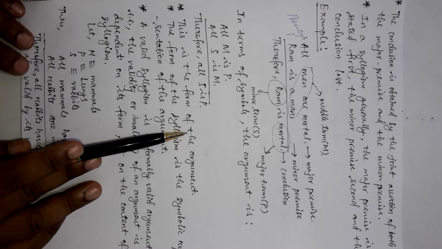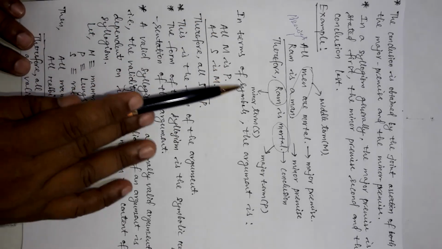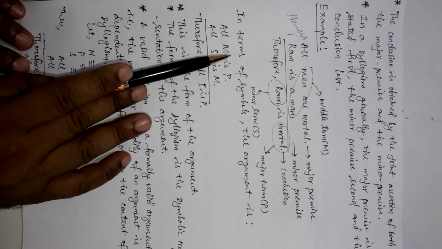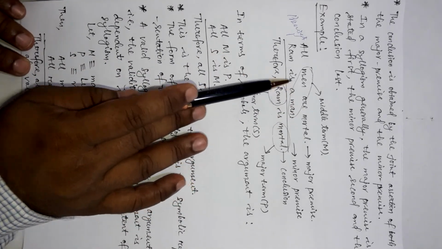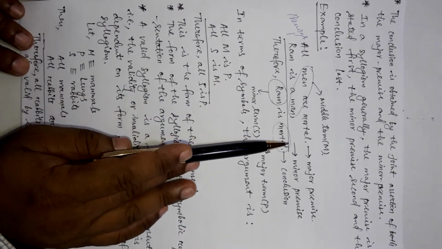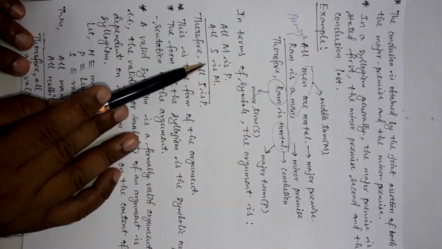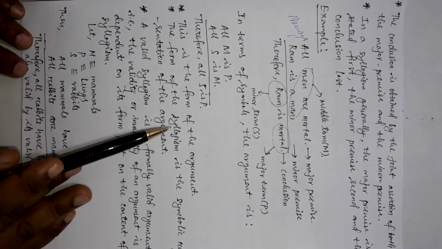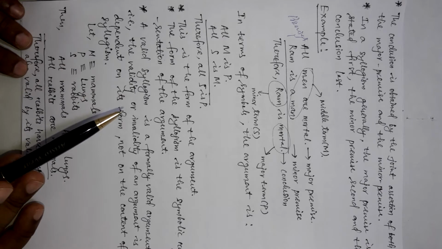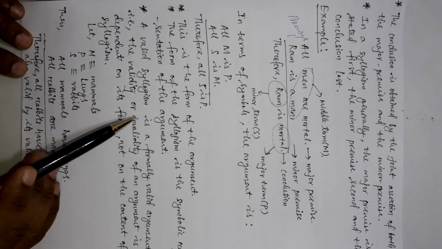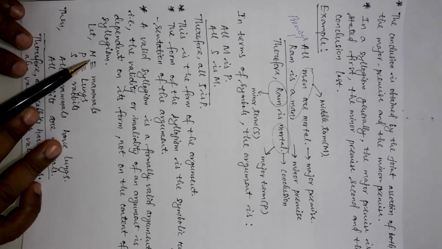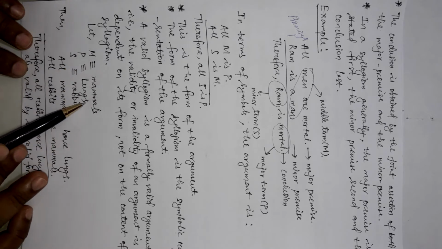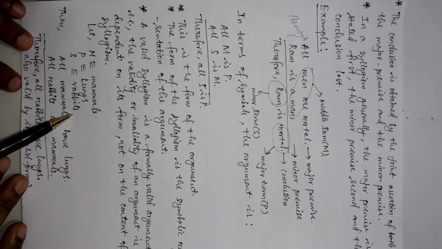Let's take an example. You see this structure, this is obtained from the above examples. Here M represents man, P represents mortal and S represents Ram. Let us change these M, P and S to other nouns. Say now M represents mammal, P represents lungs and S represents rabbits.